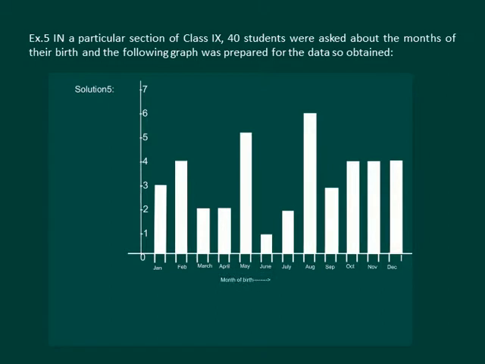Also, the x-axis is depicting the month of birth, which is the variable. On the y-axis is the value of the variable, that is the number of students.